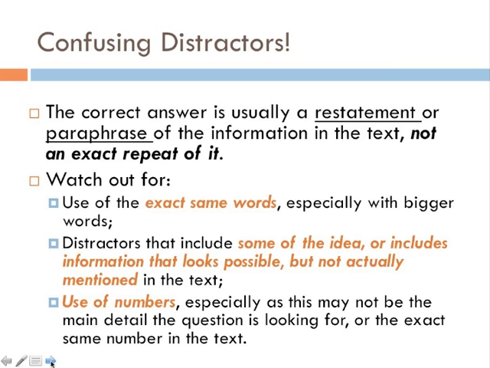Numbers are often very difficult to understand. And if you notice in this particular reading, we have dates, and especially dates that are BC. So in this case, we need to recognize, are we talking about BC or AD, and how exactly do we distinguish between those? So again, sometimes if they use a particular number, this may not actually be the right answer, because oftentimes they're using the number in the wrong way.